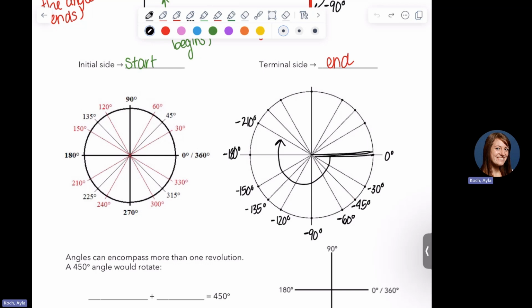You're just going in that opposite direction. Negative 225 degrees, negative 240 degrees, negative 270 degrees, negative 300 degrees, negative 315 degrees, negative 330 degrees, and this is also negative 360 degrees.